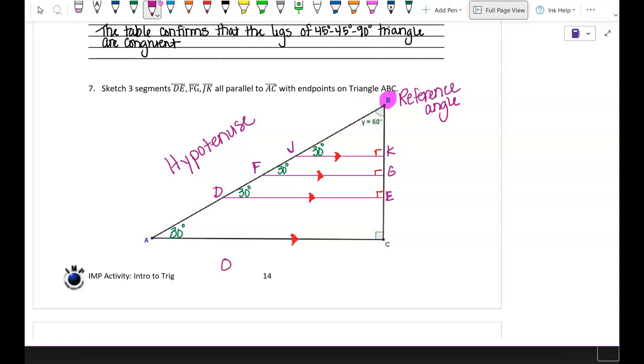Yeah, so this side is going to represent all of these segments here. I'm not going to write it on each one, but all of these segments here that are parallel, these are all going to represent the opposite leg, which means that all of these segments down on BC, these are all going to represent the adjacent leg.